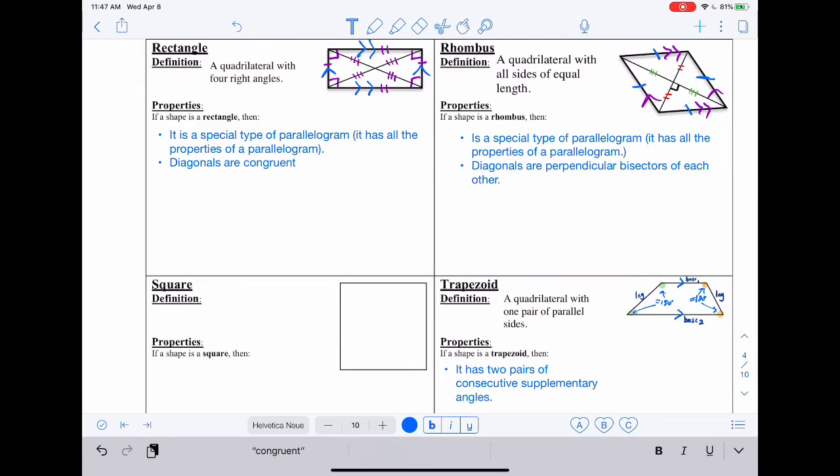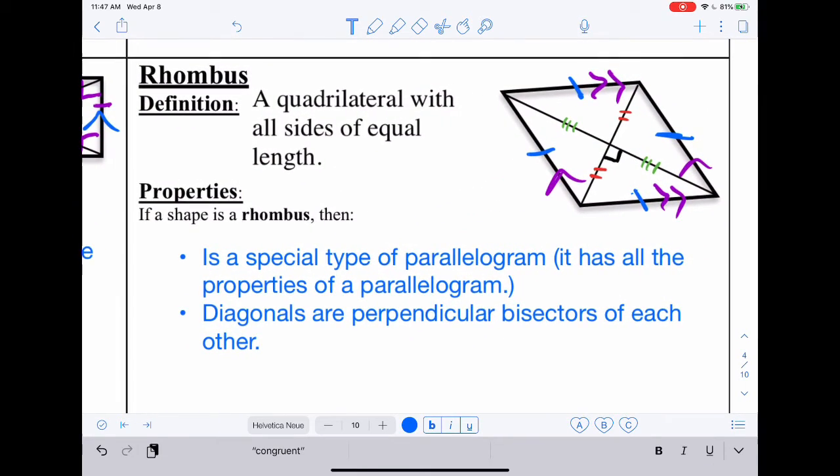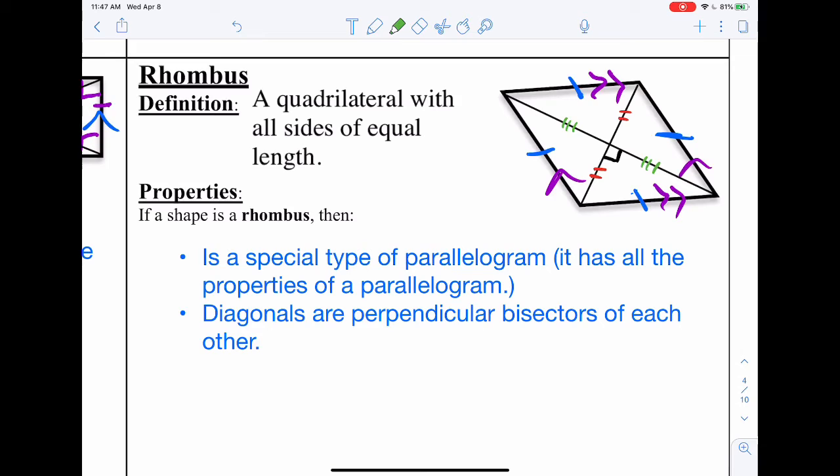Moving on to the rhombus and the square. One property of a rhombus that we saw when we were doing one of our proofs, but we didn't specify in its properties, is the fact that the diagonals split opposite angles into congruent angles.